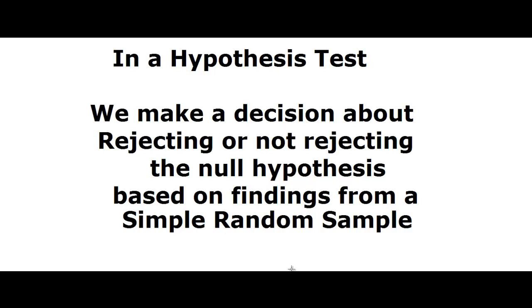So when we make a decision based on our sample and using our p-value, our decision may be correct or incorrect. Let's see the possibilities that arise in this situation.